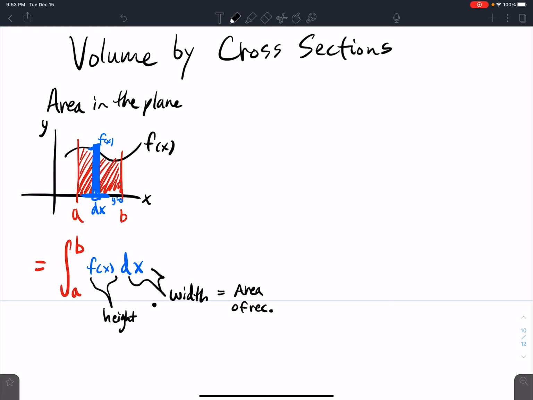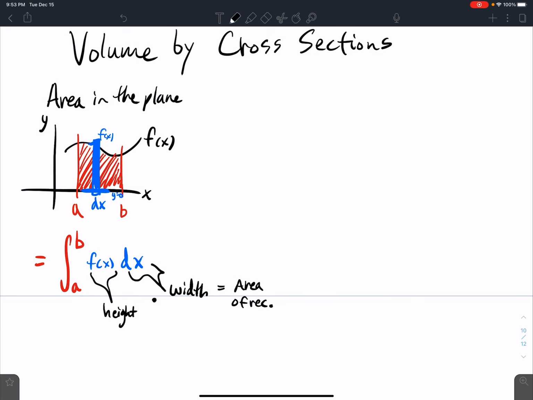So here's what we're gonna do. We're gonna take this weird looking object, this amoeba looking thing here.